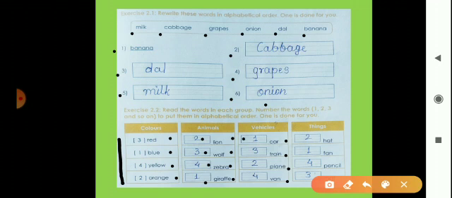So write 1. Then P comes out of these 3 letters. So write 2. Now the remaining 2 are T and V. So out of these 2 letters, T comes first. So write 3. And then last V. So write 4 here. Okay.